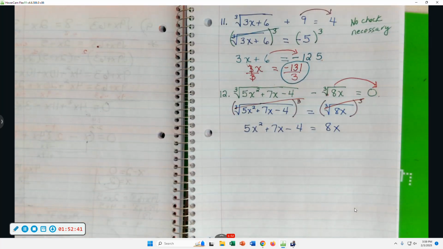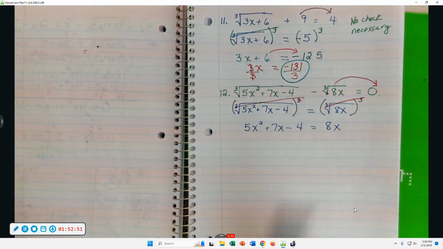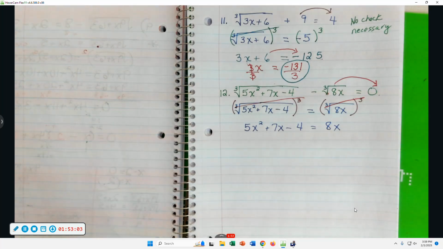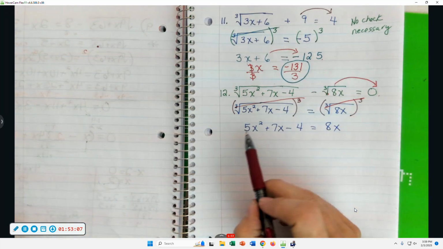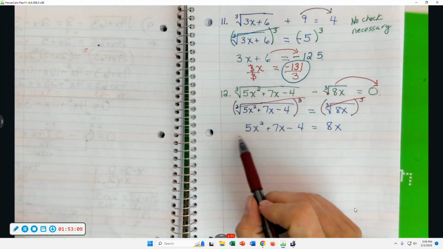And do we have a quadratic equation here on number 12? We don't have a quadratic equation on number 11, that was just linear. What about this one? Are we going to have to factor it? After this one, there's only one more. So, yes. I know this is long. So we're going to write this in standard form.